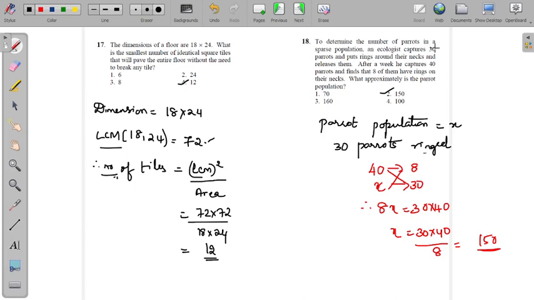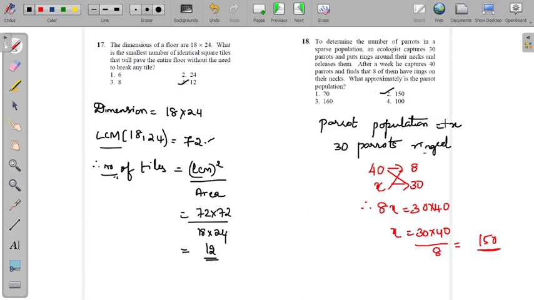18th question, to determine the number of parrots in a sparse population, means in a not highly dense population, an ecologist captures 30 parrots and puts rings around their necks and releases them. After a week, he captures 40 parrots and finds that 8 of them have rings on their neck. What approximately is the parrot population?